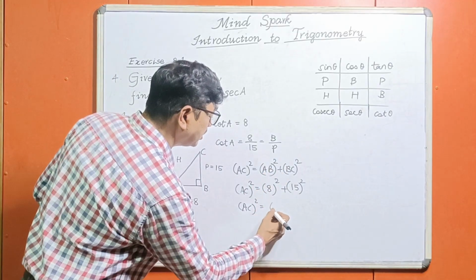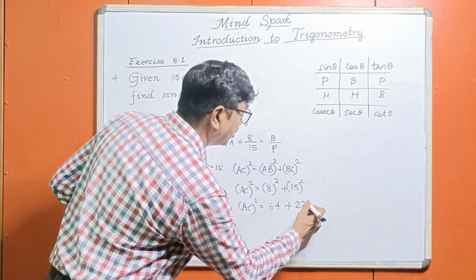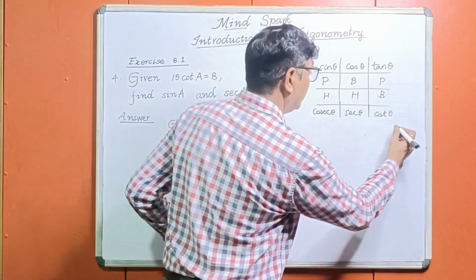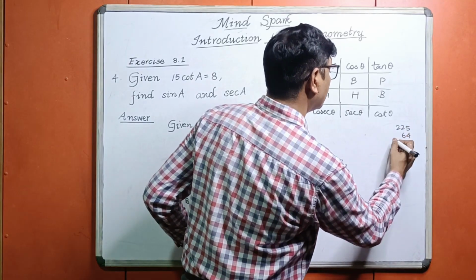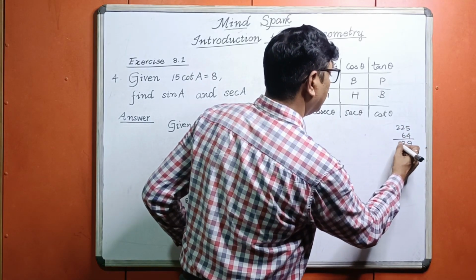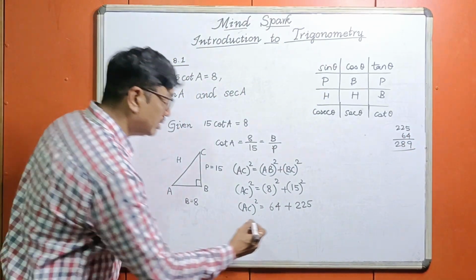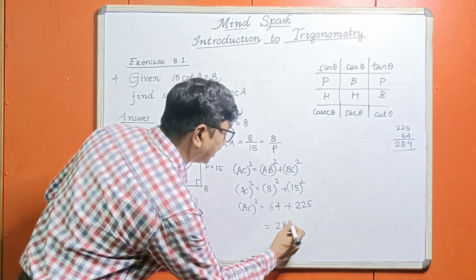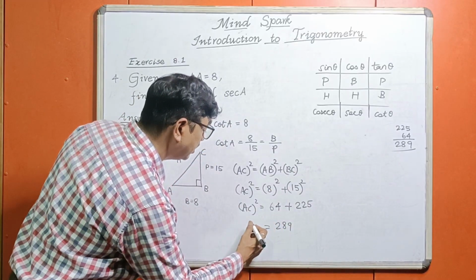8 into 8 is how much? 64, and 15 into 15 is how much? 225. So 225 plus 64, how much is it? 289. So if you sum it, you are getting 289. All the calculation you can show directly in front of the answer.